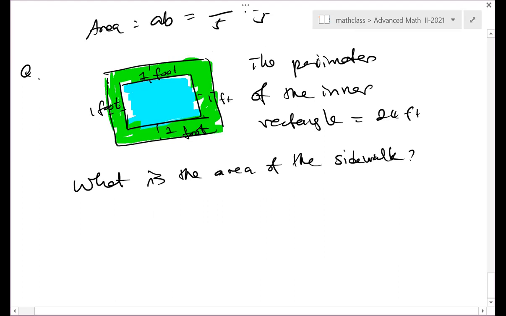So what we don't know is the dimension of the swimming pool, or whatever it's called, a pool. We only know partial information about this rectangle: the perimeter is 24 feet.